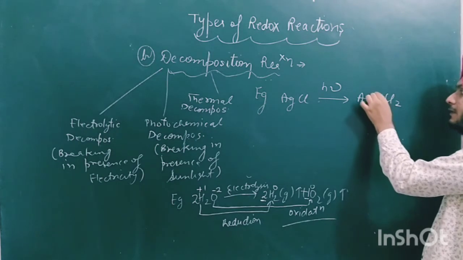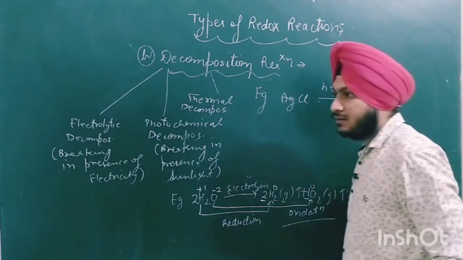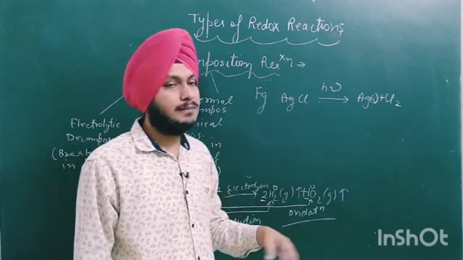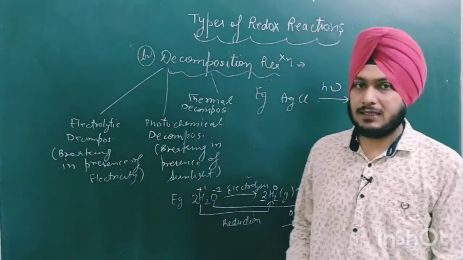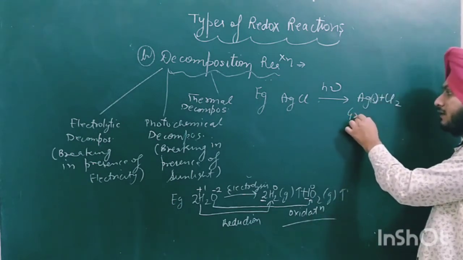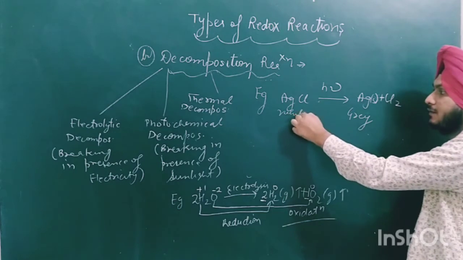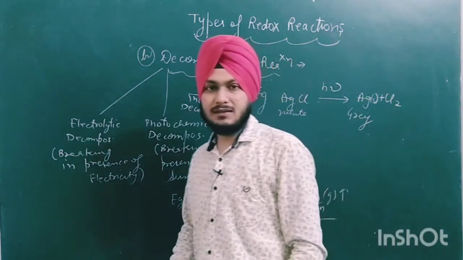That is why we keep AgCl in a black color bottle, because then there is no direct contact with sunlight. That is why it will not change into Ag. This Ag is gray, and AgCl is a shiny white color. So AgCl becomes gray in presence of sunlight.